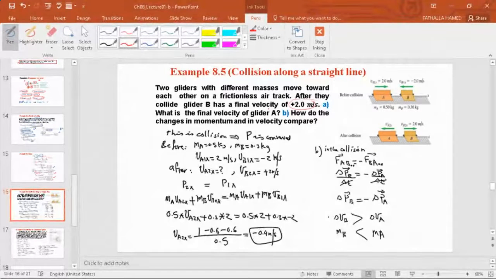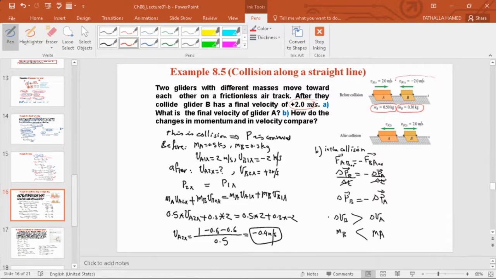A, what is the final velocity of glider A? And B, how do the changes in momentum and in velocity compare? The masses are not given in the question, but they're given in the figure here. Mass B is 0.3 kilograms, mass A is 0.5 kilograms.